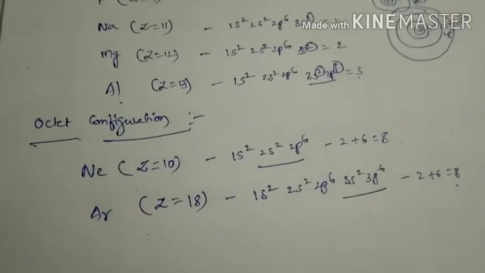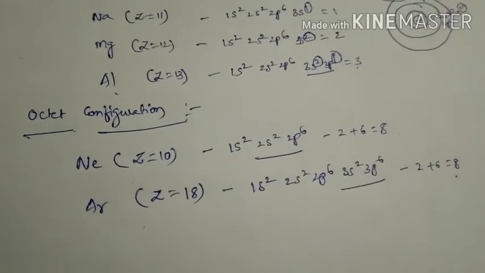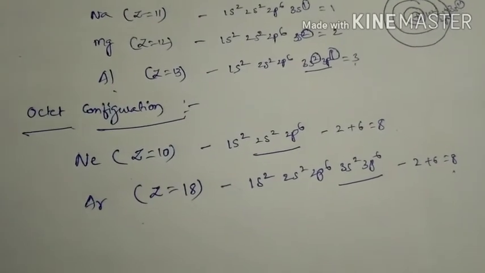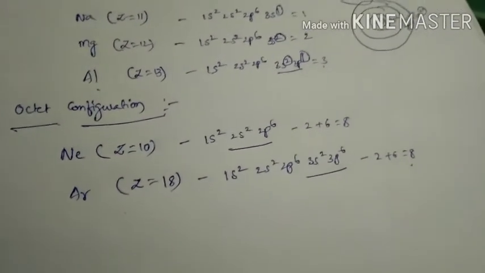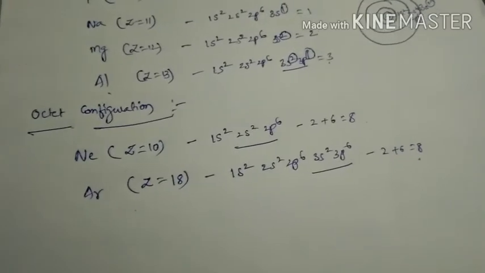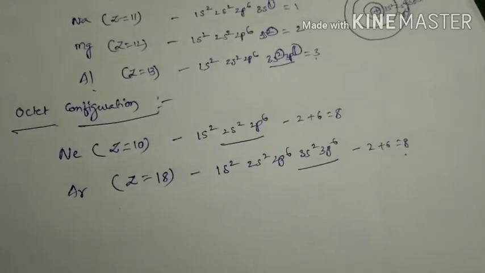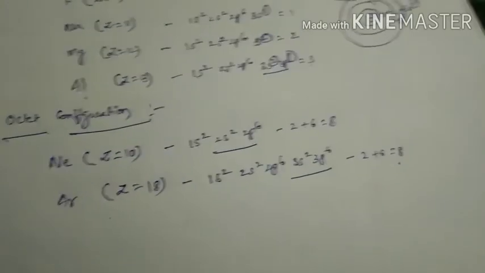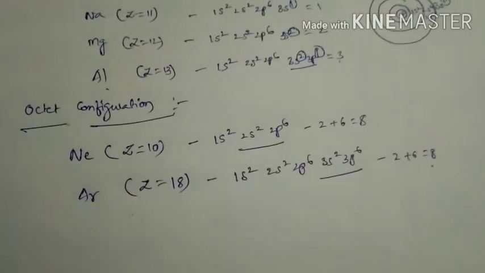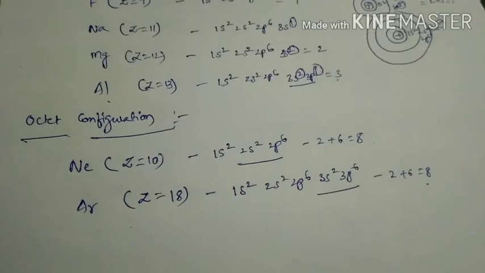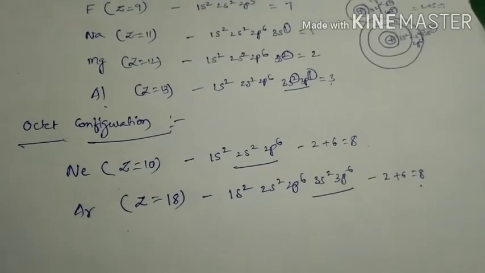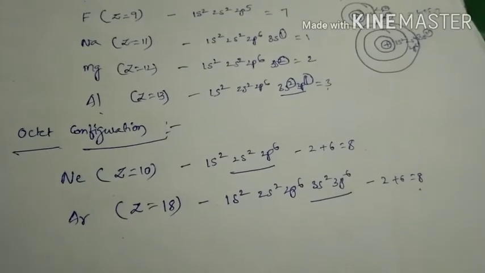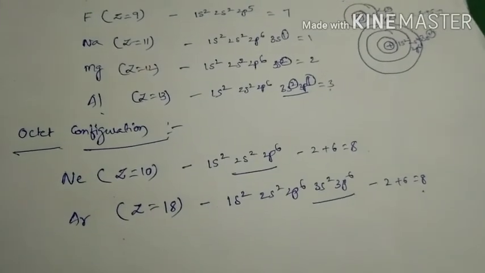Next, the last point regarding this: every atom tries to get octet configuration, nothing but stable configuration, by losing, gaining or sharing of electrons. I repeat once again, every atom tries to get stable configuration by losing, gaining or sharing of electrons.